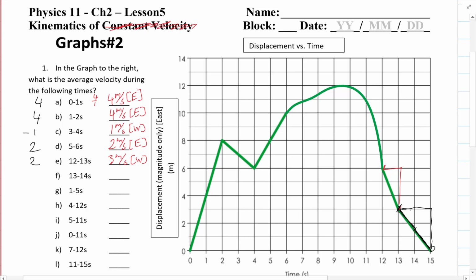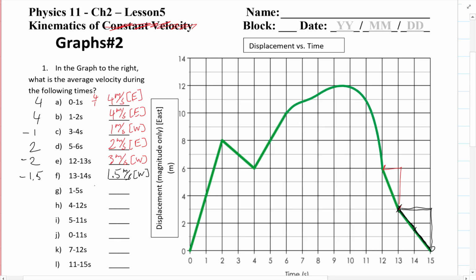That's a fall of 3 over a run of 2. 3 over 2 is 1.5, and yours would be negative 1.5. And on this vector one here, this will be just west.